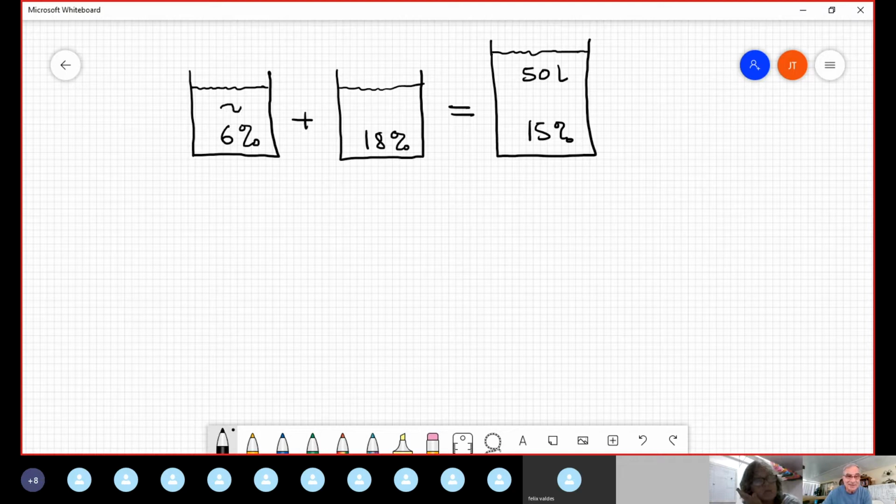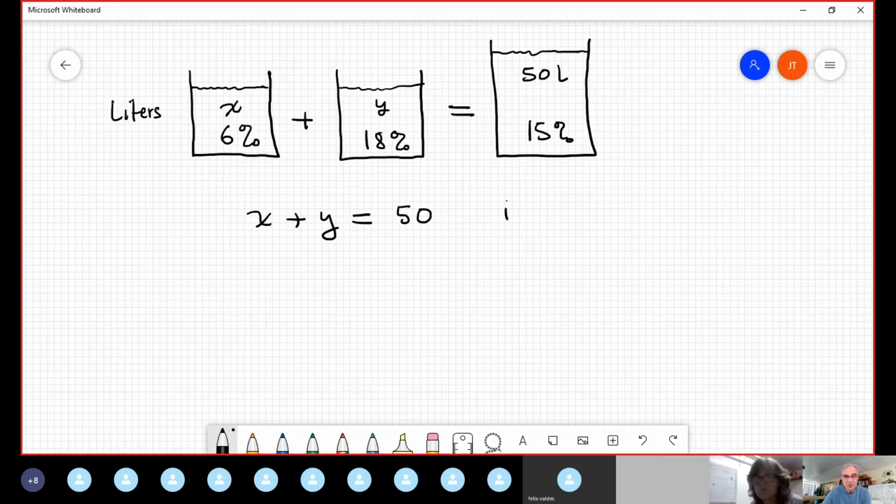So, I don't know how many liters of this, so I call it X. X represents the liters I need to take of this and put inside. And Y is the liters of the other. So we have two equations. The first equation is obvious: X plus Y equals 50.